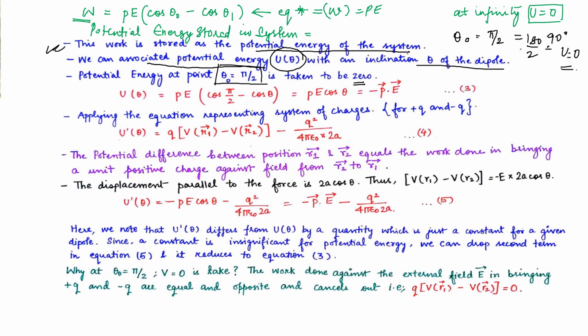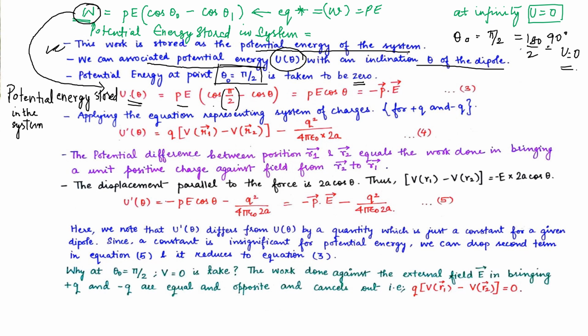So the equation of work done which we wrote over here, the star equation, will be converted to this equation. The potential energy stored in the system equals U theta equals Pe (cos theta naught minus cos theta 1), with theta naught taken as pi by 2, so Pe (cos pi by 2 minus cos theta).